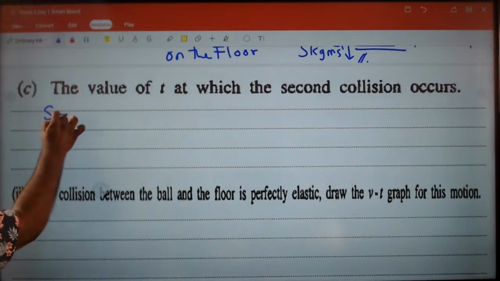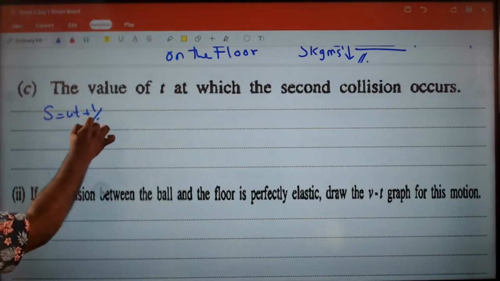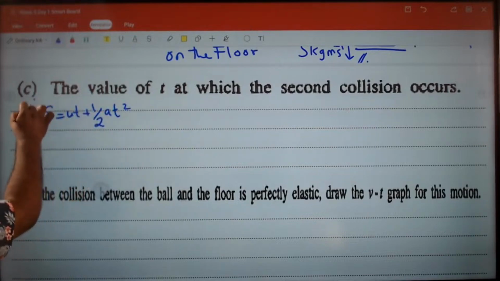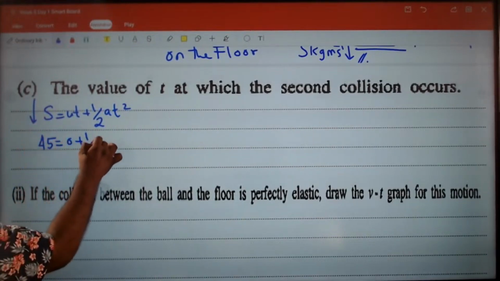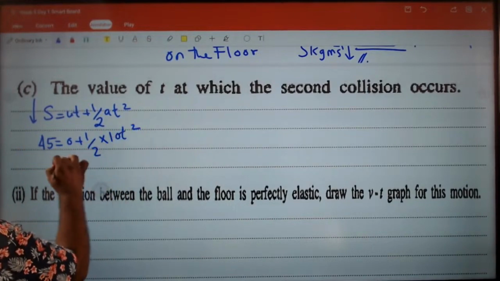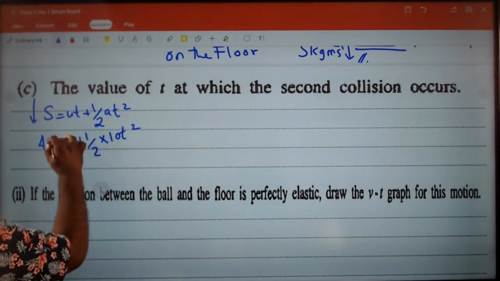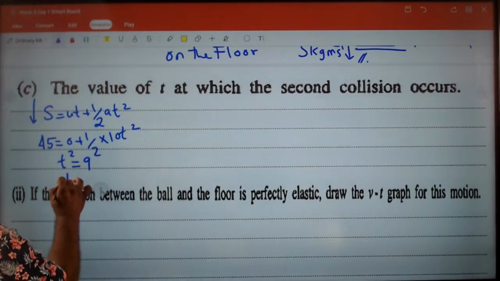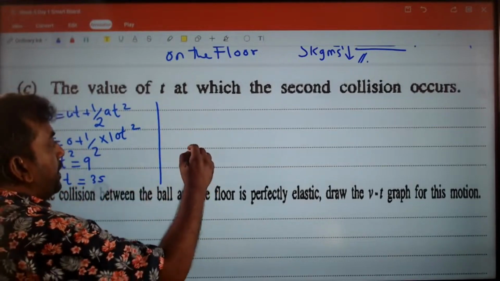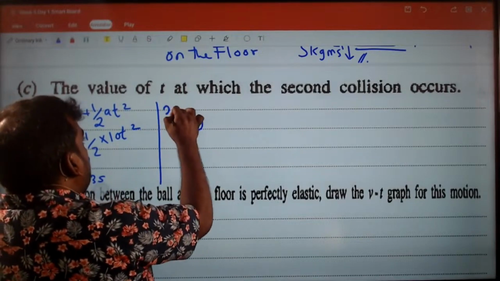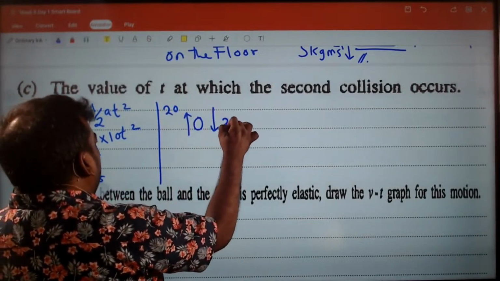S equals ut plus half at squared, vertically downwards, 45, starting from rest, 5 t squared. T squared is 9. T is 3 seconds in the first case. Then projecting with 20, it will come and collide also with 20.